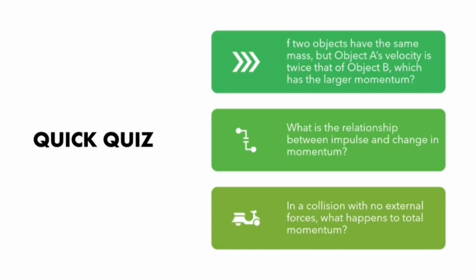The answer in the quiz: number 1 is object A. Number 2, impulse equals the change in momentum, delta P. Question number 3 is stays constant. It is conserved.